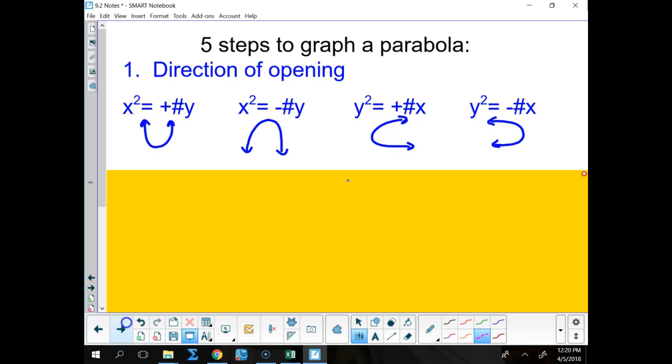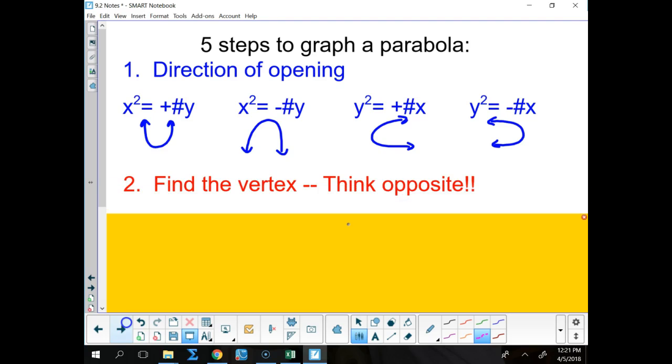Step number 2. Vertex, right? And how do I go about identifying the vertex? The numbers that are attached after the variables, yes. Because we were talking about 4p being attached to that other one, yeah. And because we're probably going to have parentheses, right?